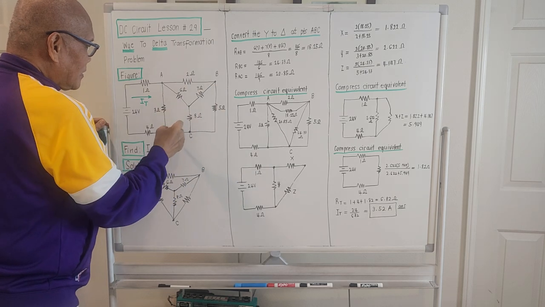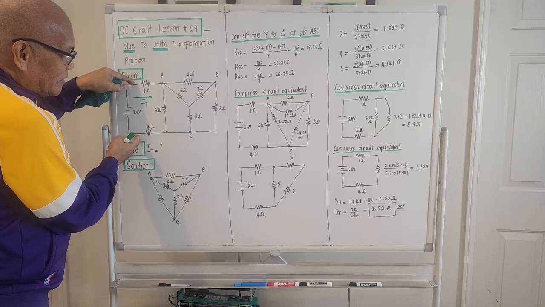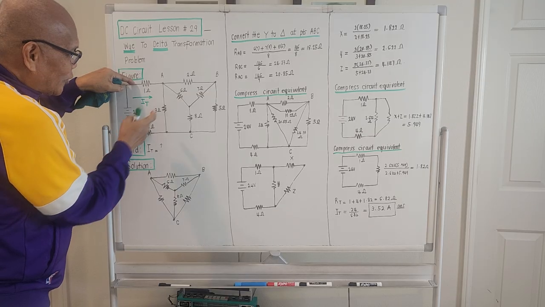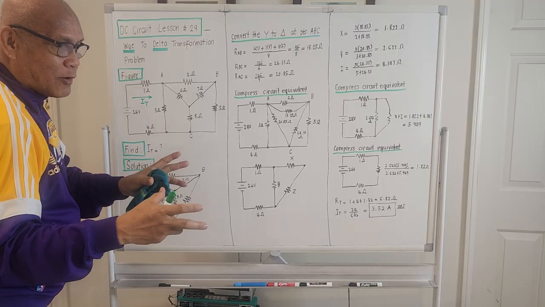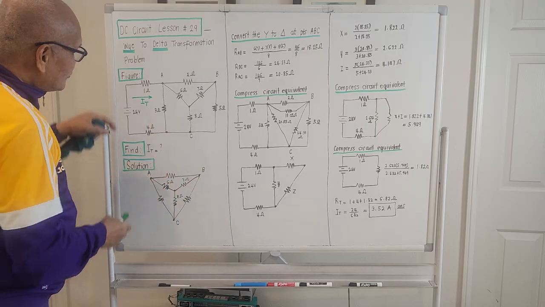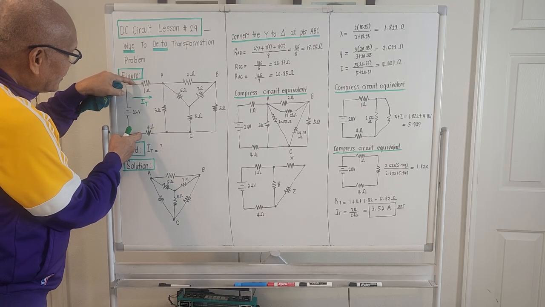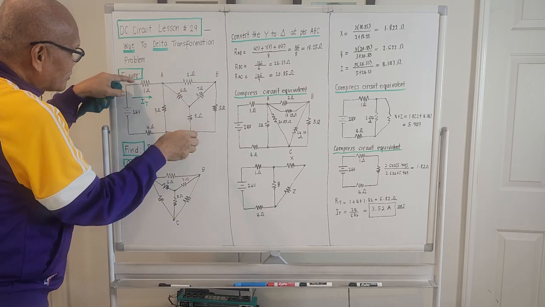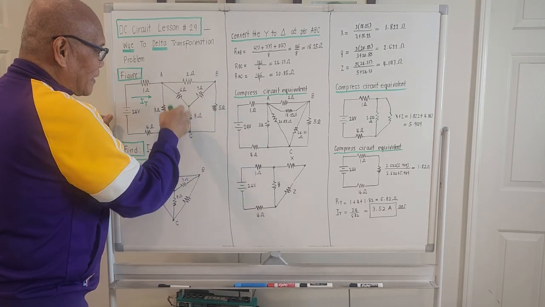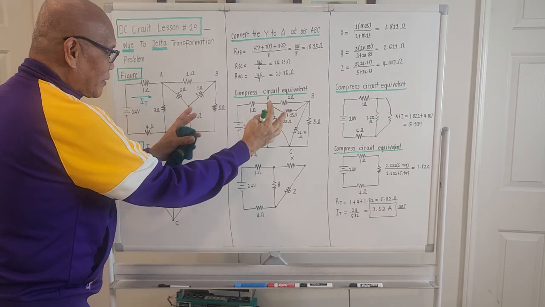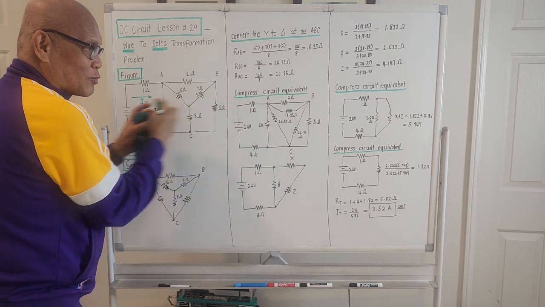Because without knowing the concept of Y to Delta transformation, we could not compute for the single equivalent of all of this. Because if we try to get our multitester here, we could measure the total resistance that is on the actual thing. But how could we solve that one on the board? So if we try to take the single equivalent resistance across this terminal here, we must have to start on the right hand side. We simplify each part of the circuit going from right to left, from the complicated thing to the simplest one.